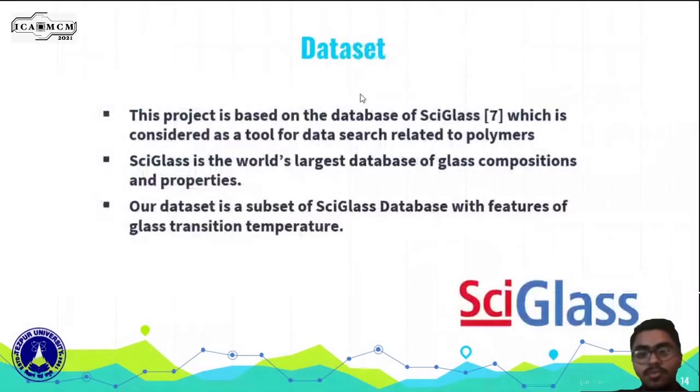The dataset that we have used is a subset of the SciGlass database, which can be considered the largest database of glass composition and properties in the world. This database is a repository for properties and other information related to polymers, but for our study, we have chosen glass transition temperature.